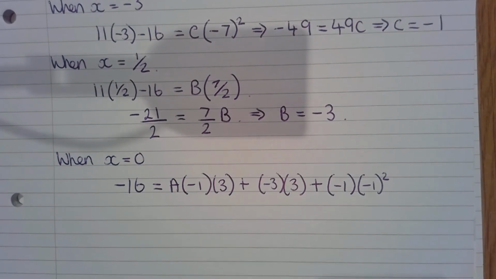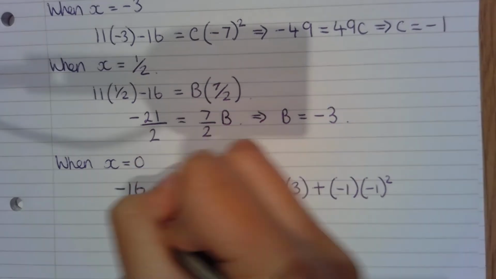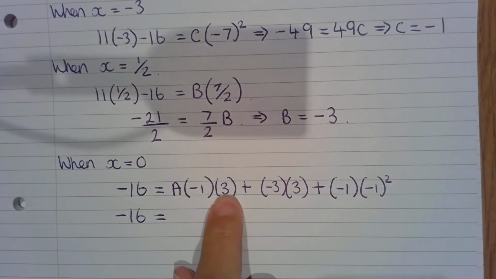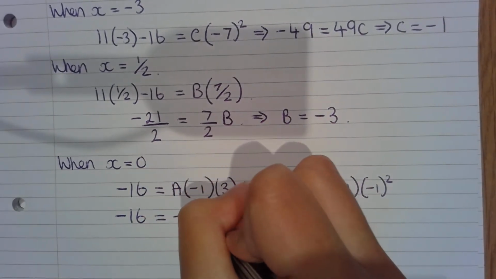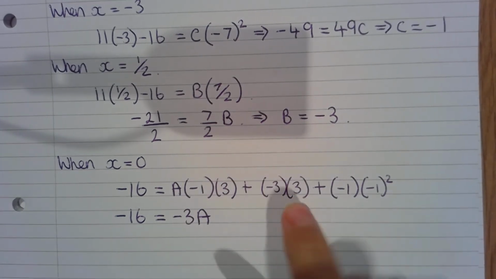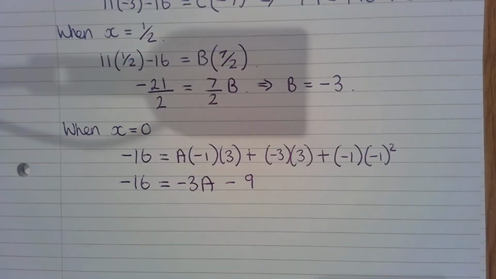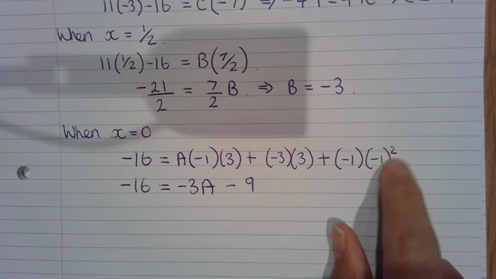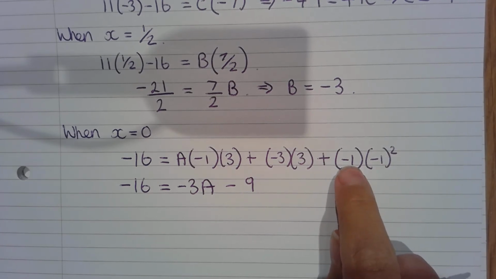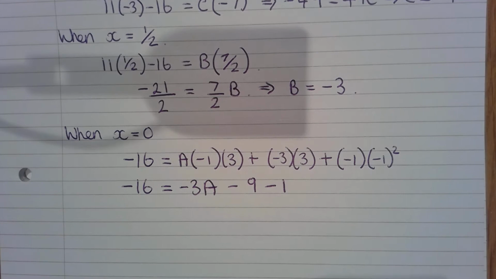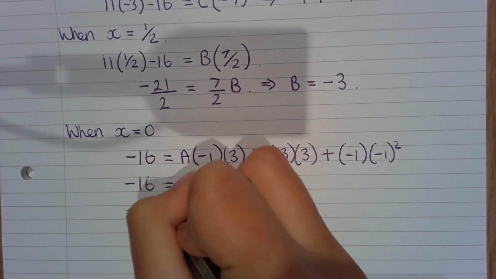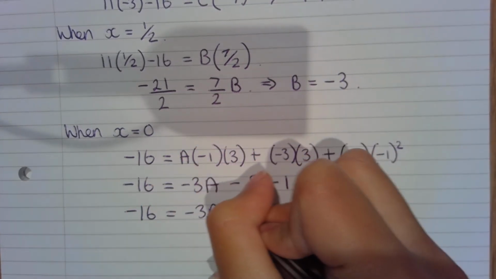Okay, so you can now start to work this out. So -16 equals -1 times 3, so I've got -3a. -3 times 3 is -9. -1 squared is 1. 1 times -1 is -1. Okay, so I've got -16 equals -3a, take away 10.